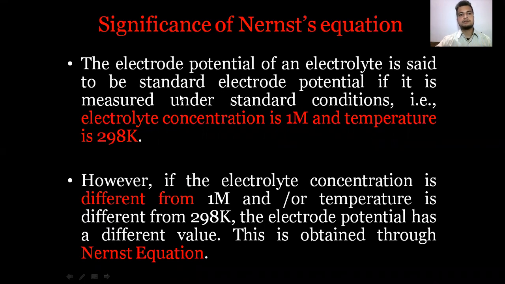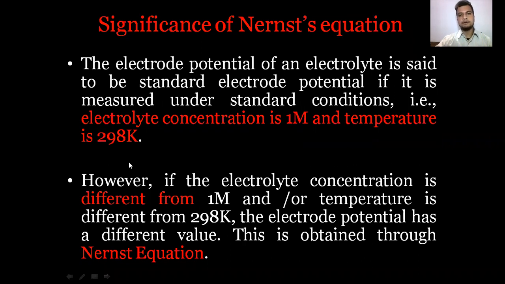Significance of Nernst equation. The electrode potential of an electrolyte is said to be standard electrode potential if it is measured under standard condition. That is, the electrolytic concentration is 1 molar and temperature is 298 Kelvin. So that is what we call a standard condition in electrochemistry.